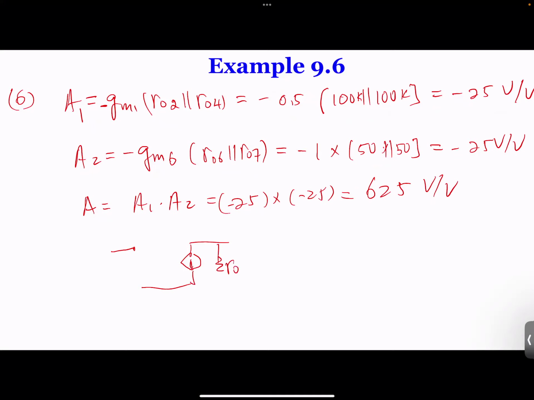For stage 1, you have gm1 times Vin, and you have RO2 or RO1, either way. Then RO4 is the current source. And for the second stage, you have VO1 coming in.